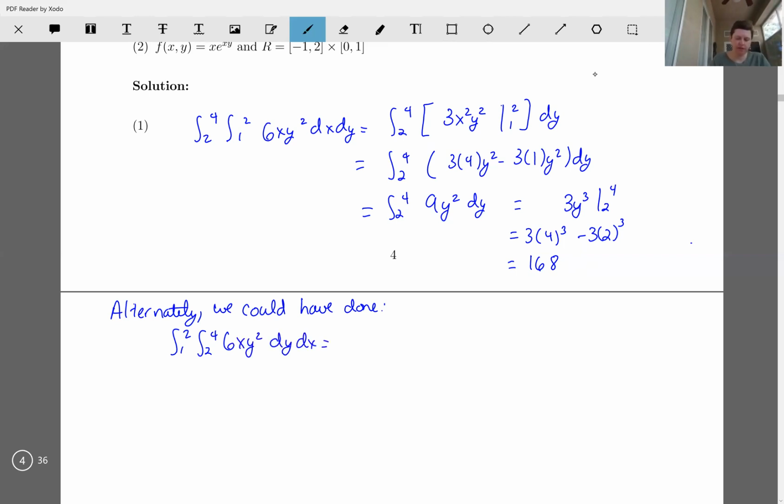And if we do that, when we integrate over y, the integral of 6y squared is 3y cubed x from 2 to 4, dx.